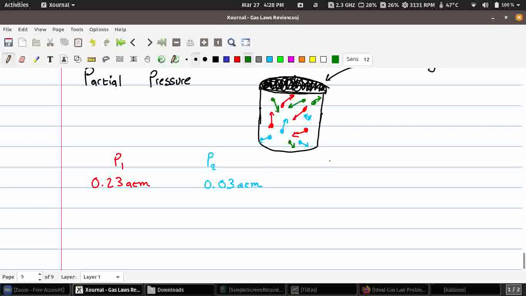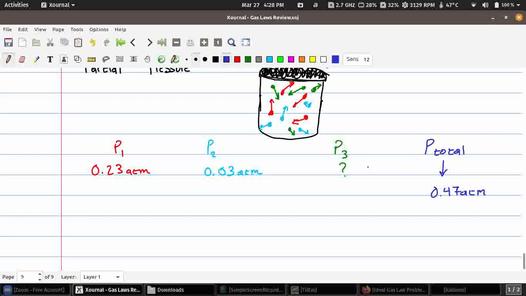And then our green can be pressure 3. We don't know. And P total I'll do in dark blue. So P total is going to be 0.47 atmospheres.